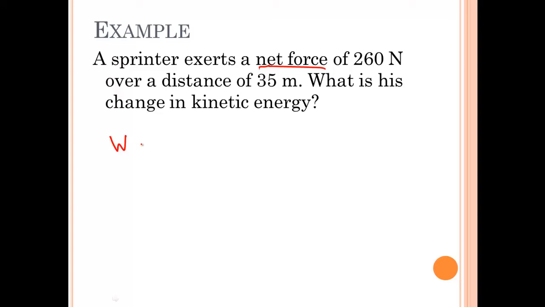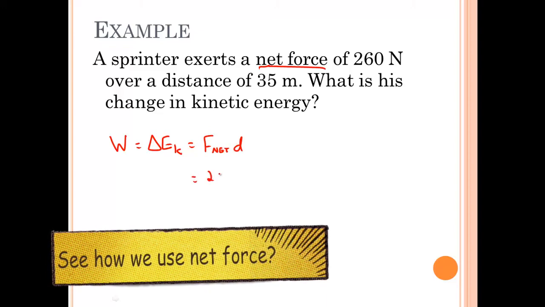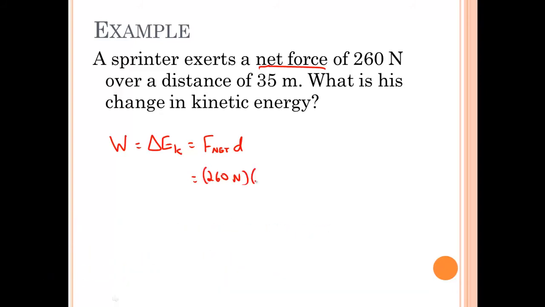Well, we know that work is equal to the change in kinetic energy, which is equal to F net times distance. If we put that in, we have 260 newtons times our distance of 35 meters. Everything was in SI units, so this is exciting, and you end up with a value of 9,100 joules. Really important to remember this connection, which then leads to F net times d. Again, pretty much a plug and chug situation.